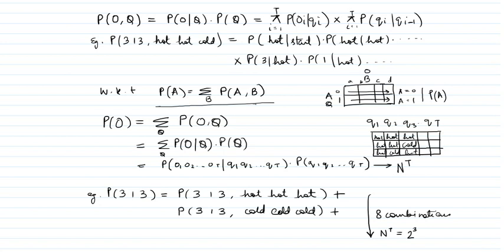So here the summation on Q means that Q1 Q2 QT will be a sequence of states, and this has to be iterated over all the possible sequences of states. So in our example, P of 313 can be written as P of 313 comma hot hot hot plus P of 313 comma cold cold cold, and in this way with 8 combinations, and then each can be expanded as P of 313 given hot hot hot dot P of hot hot hot, right?